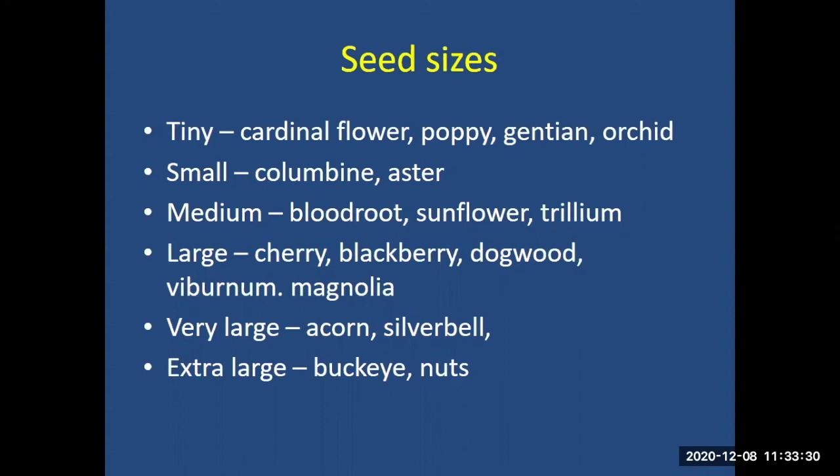They can be large: cherry, blackberry, dogwood, viburnum, magnolia. They can be very large, like an acorn or a silver bell, or they can be extra large or gigantic, like a buckeye or a walnut. These can be the size of golf balls sometimes. So you've got all kinds of seed sizes to deal with, and this has to do with the individual plant's way of life.